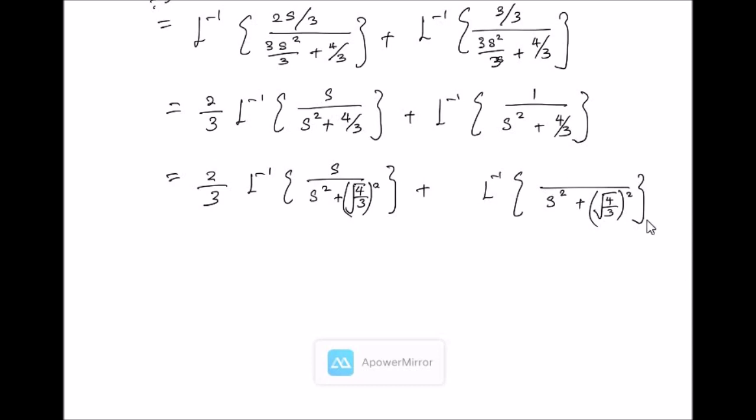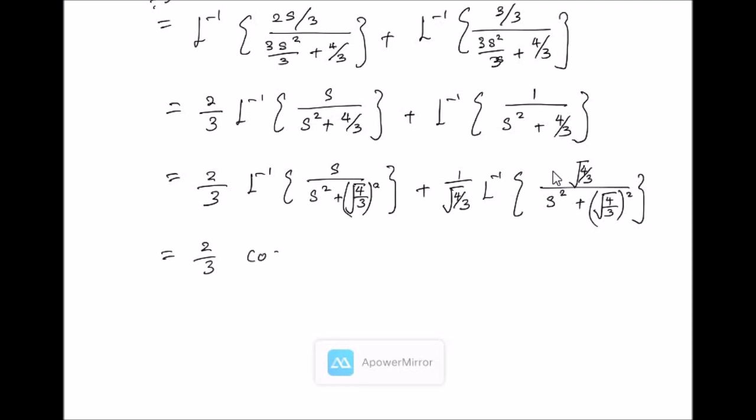So when it's sine, the numerator should follow, so this one also needs the square root of 4 over 3. As you know, the square root of 4 over 3 does not belong to this question, so we need to divide it by the square root of 4 over 3 too. So we divide it, and then we can simplify the 2 over 3.